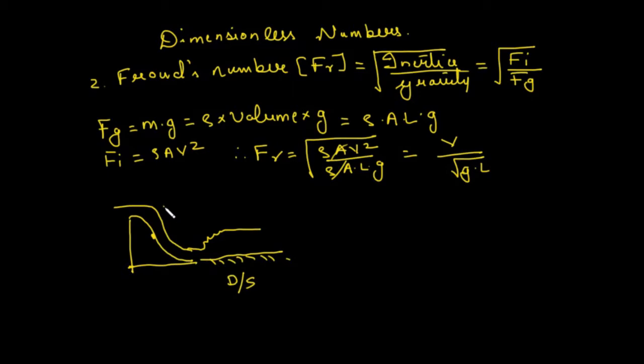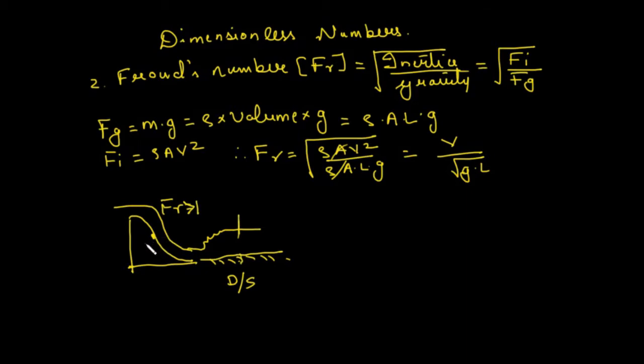So if we calculate the Froude number here on the surface of the spillway, the Froude number which we'll get will be more than 1, because here the acceleration of the fluid is more, so inertia of the fluid will be very high, and that's why, as per the definition, the inertia force will be greater than the gravity force, and that's why the Froude number will be very high and it will be greater than 1, and we call this flow a supercritical flow.